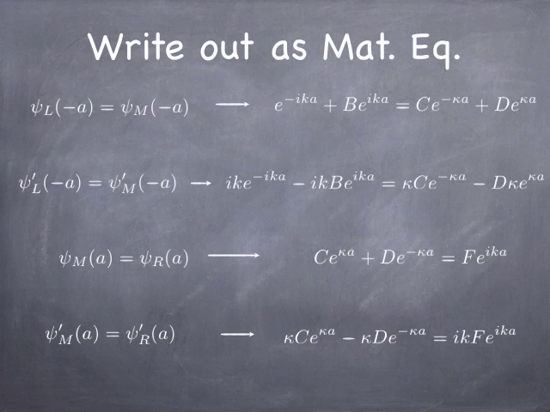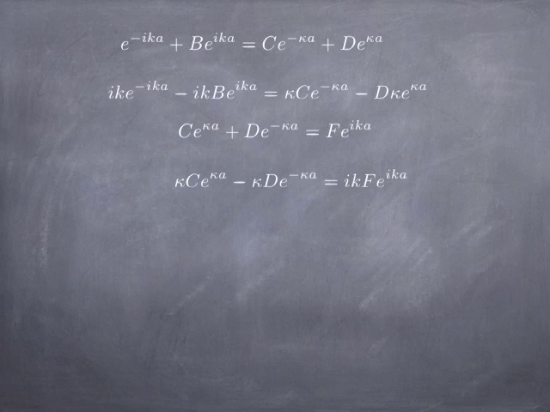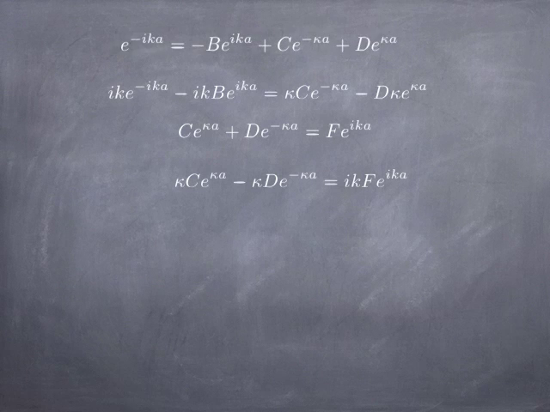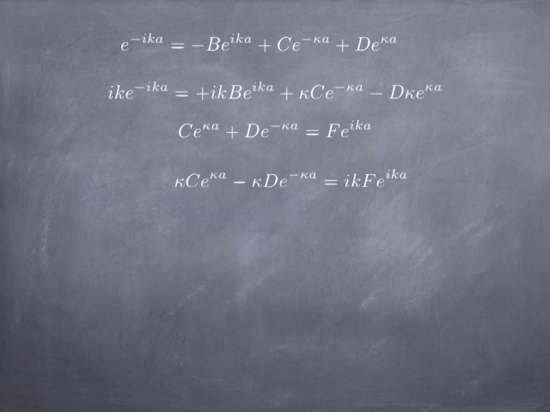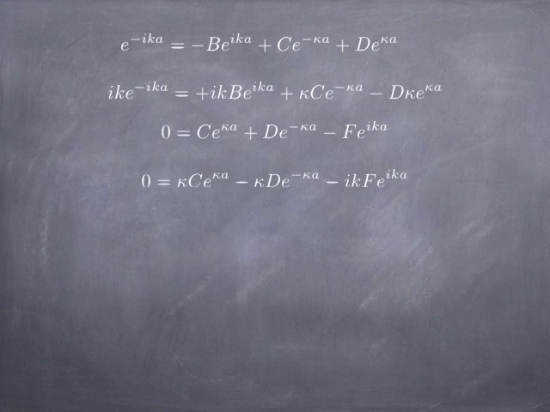So we've got 4 conditions, and we've got 4 unknown coefficients, B, C, D, and F. Now the idea here is to move all the coefficient terms to the right, leave all the constant terms with no coefficients on the left, and we get 4 equations that you can recast as a matrix multiply.